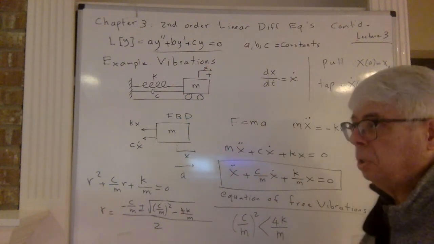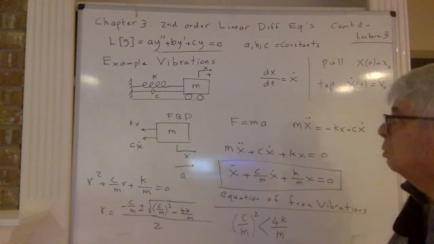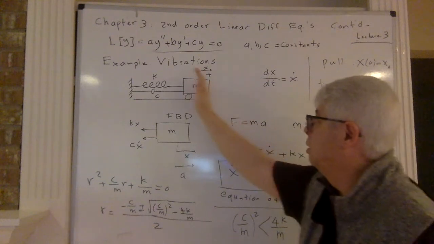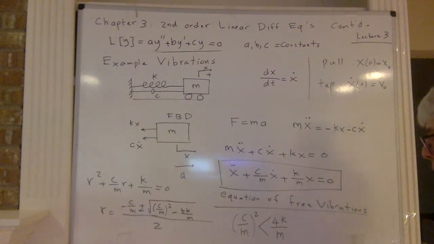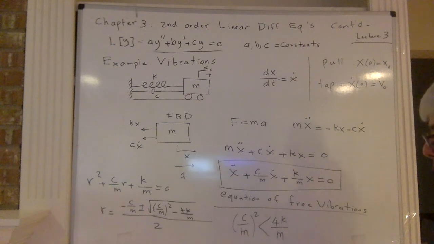So that's a huge damper. But if C is small enough, then it goes and comes back, vibrates until it stops. So we have to choose this C and K so that this happens, and if we do that, we will get vibration.